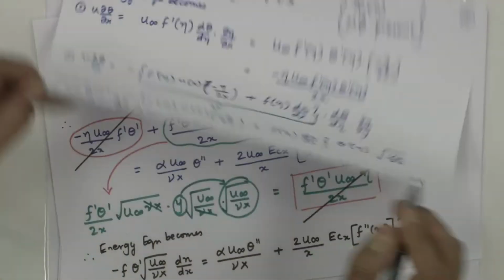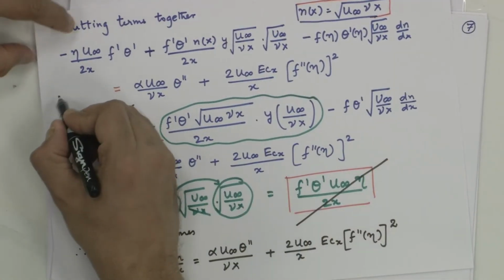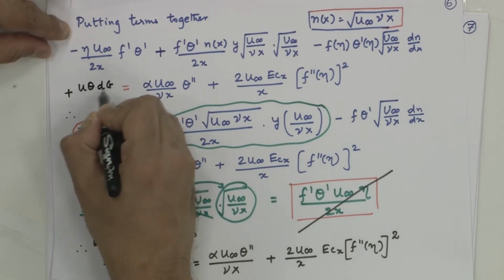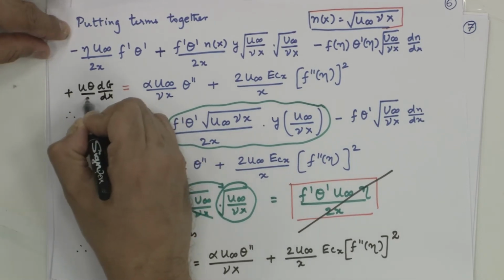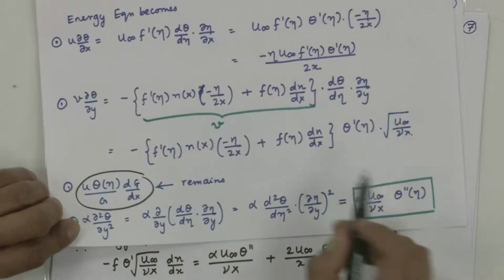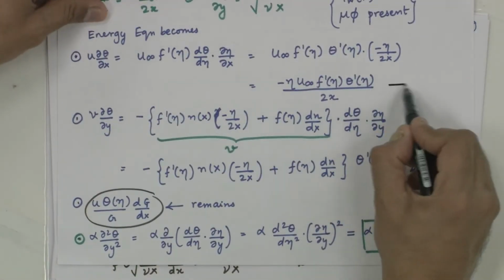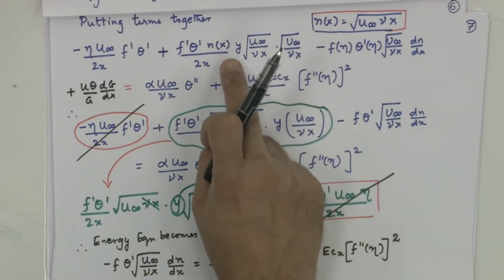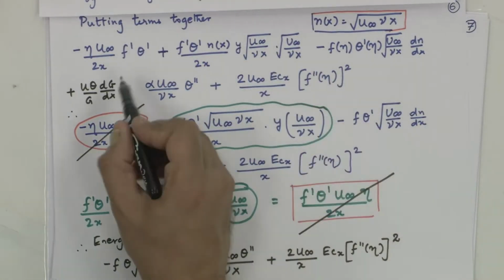Sorry, we have left out this term. I forgot to add that. So the left hand side had one more term, u theta dg by dx over g. Three terms were there. This was the first. The second and the third terms came from the expansion of the v d theta by dy.